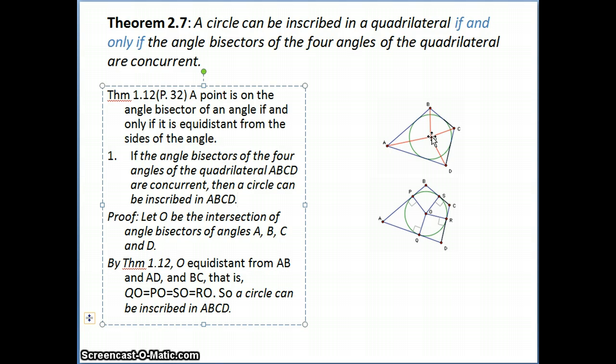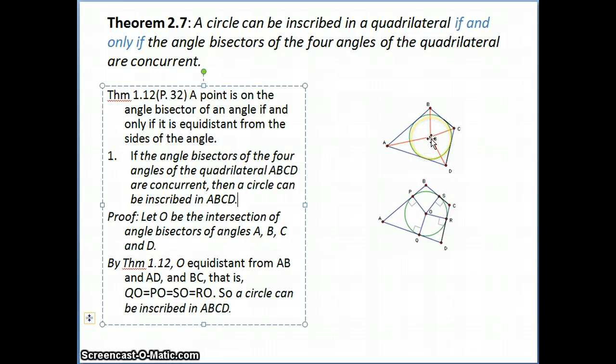Because this point O is on the angle bisector, it must be equidistant to both sides of AB and AD, and also AD and CD, and also CD and BC, and also AB.